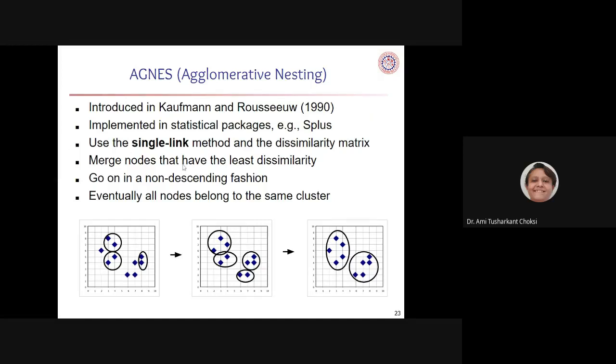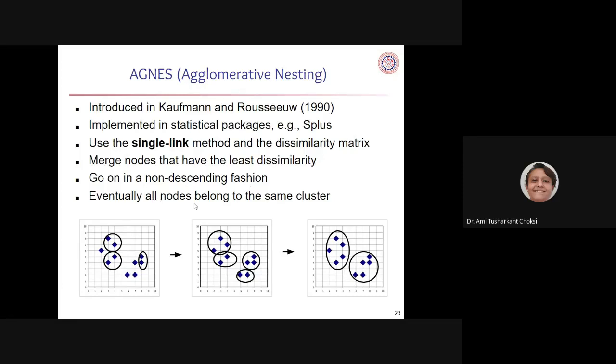It uses the single link method and dissimilarity matrix. It merges nodes that have the least dissimilarity. Least dissimilarity, that means more similarity, isn't it? More similarities. So go on in a non-descending fashion.